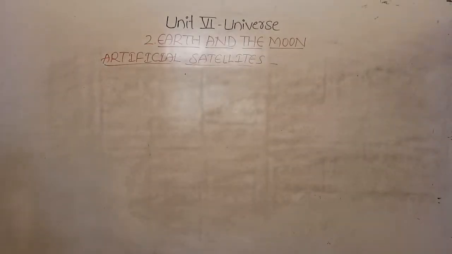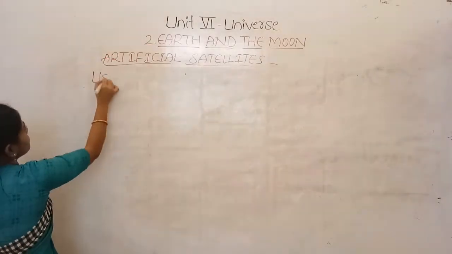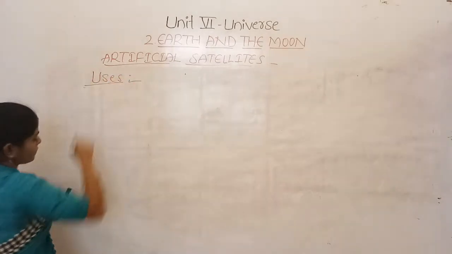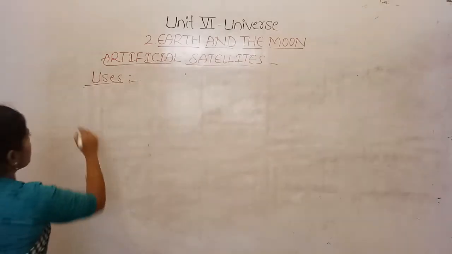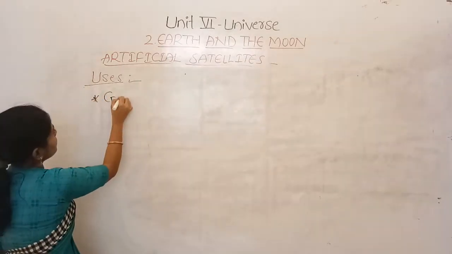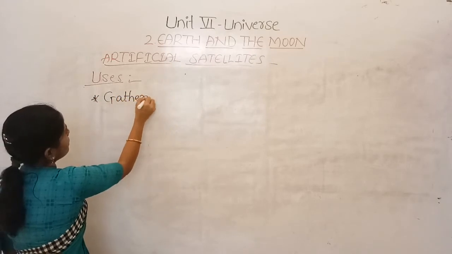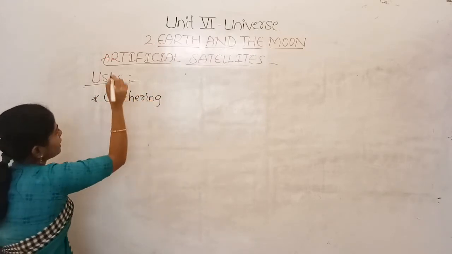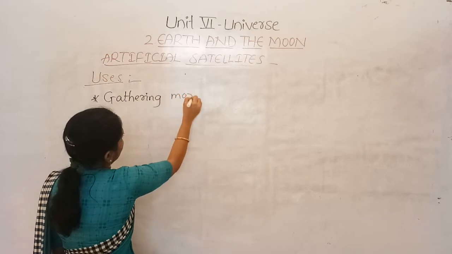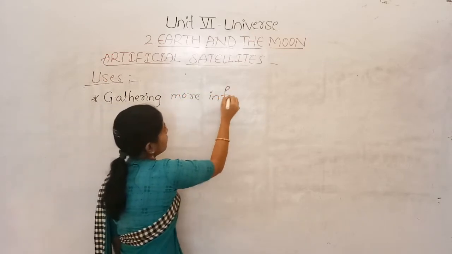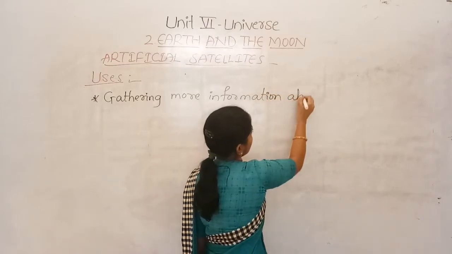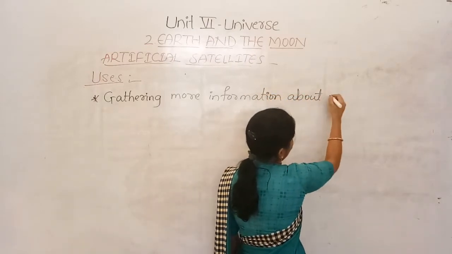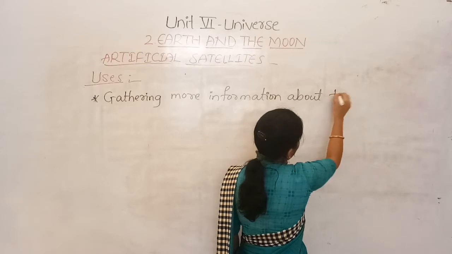Uses of artificial satellites. First, artificial satellites gather more information about the universe. Gathering means they collect and give us more information about space.